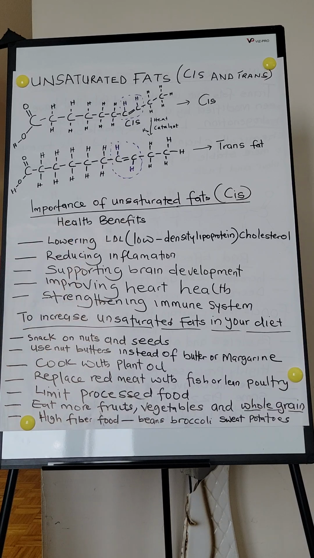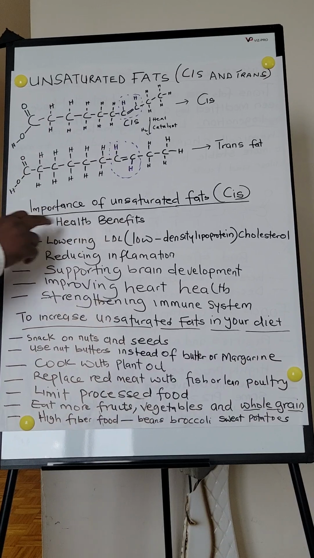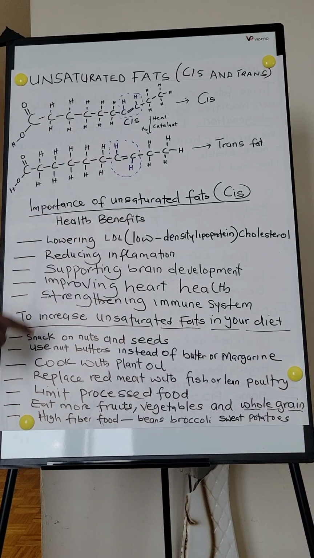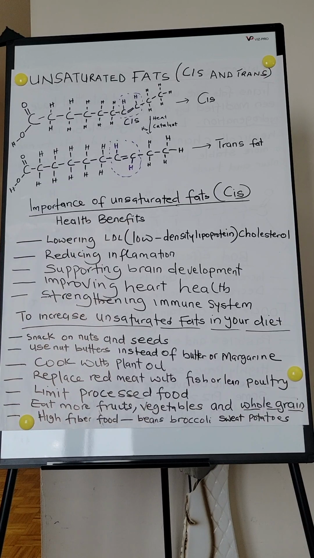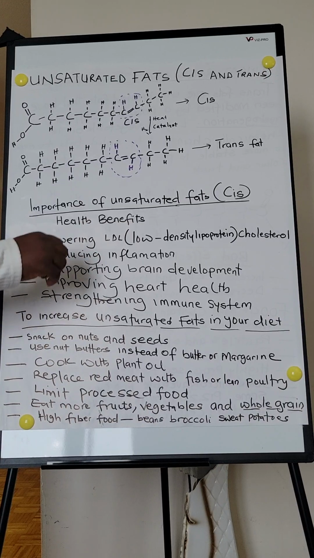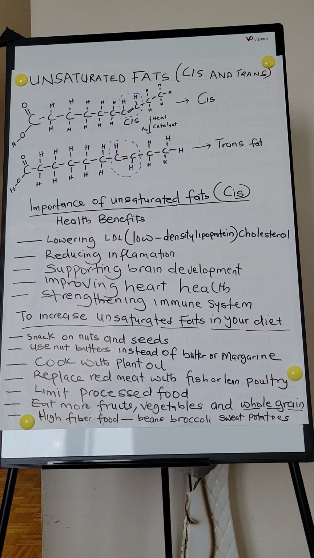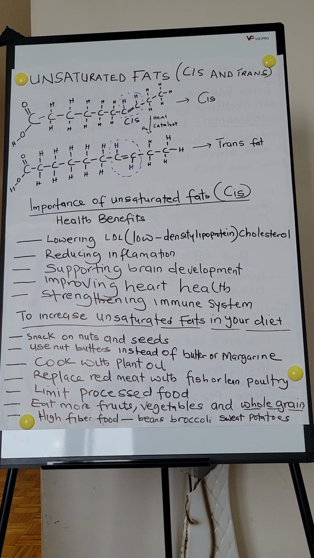Inflammation is when a part reddens, maybe you hit your head on the wall or something, and you see that the thing will just swell. Unsaturated fat reduces that. Unsaturated fats support brain development, they improve heart health, and they strengthen the immune system.